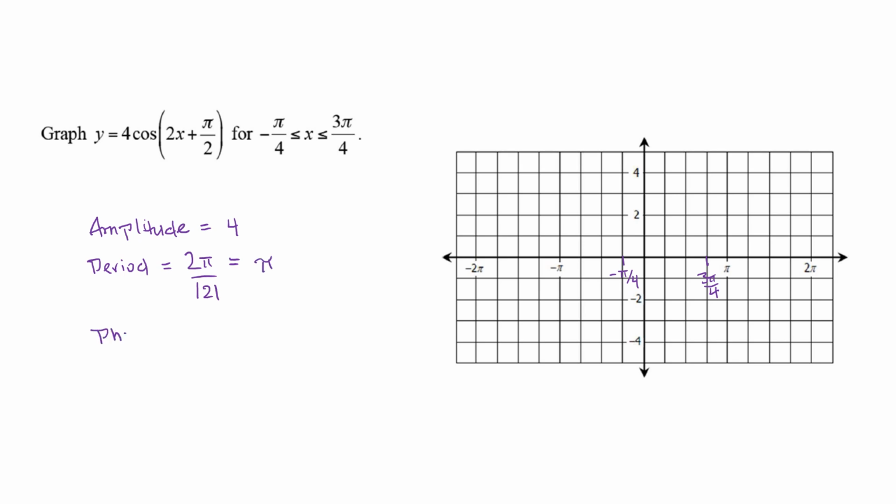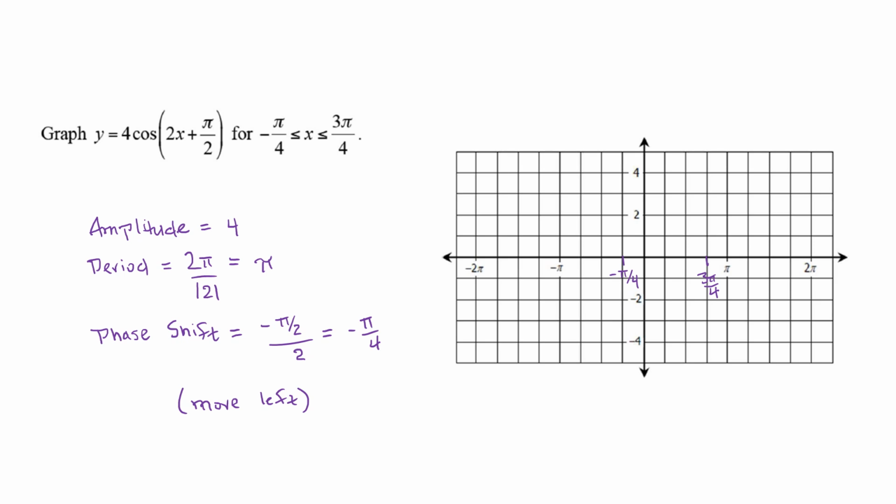And our phase shift will be negative pi over 2 divided by 2, which equals negative pi over 4. So in this case, we are also moving to the left pi over 4. Still working with the cosine graph.